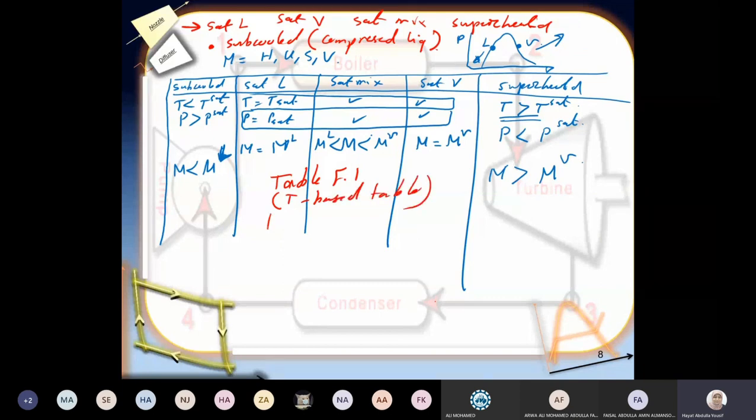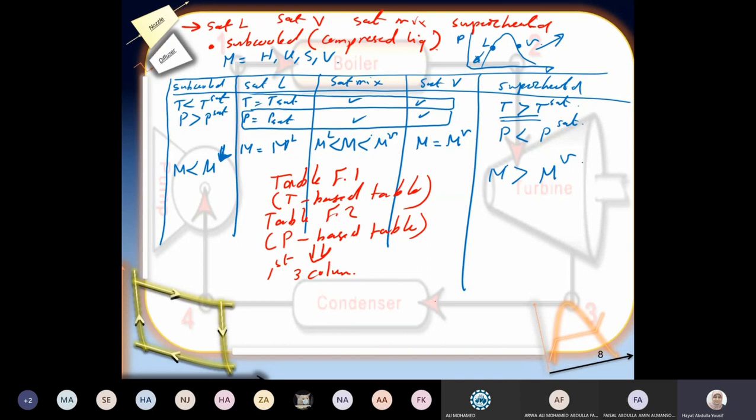Or you can also use table F2, because table F2 is a pressure-based table, if the pressure is given. But if you use table F2, it is only going to be the first 3 columns. Let me just double check that they are 3 columns at the beginning, or 4 columns. 1, 2, 3. The first 3 columns.